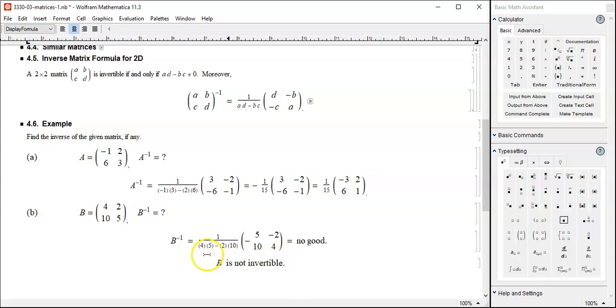You see, you cannot have 0 in the denominator, but you did. So this whole formula broke down. As a matter of fact, yes, indeed, this will be a non-invertible example.